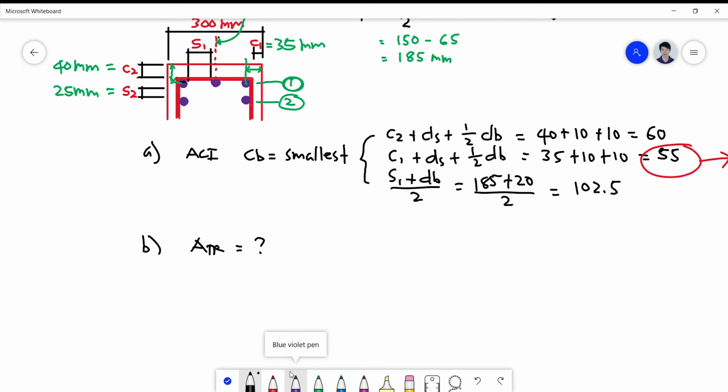Okay, so if we would like to get your ATR, we have to understand the 3 schematic failure mechanisms in terms of splitting: the corner splitting, the intermediate splitting, and the horizontal splitting. Okay, so we have three.